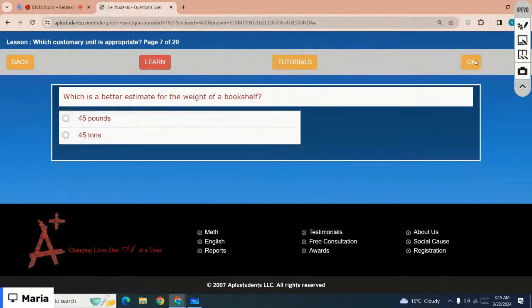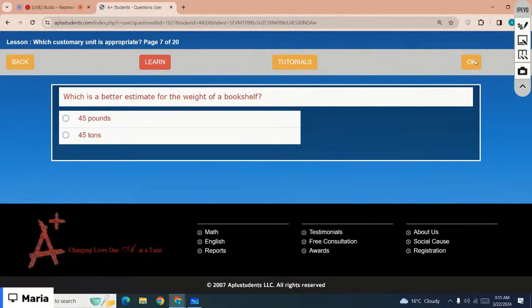Which is the better estimate for the weight of a bookshelf? 45 pounds, 45 tons. Which is the correct option? Weight of a bookshelf, right?